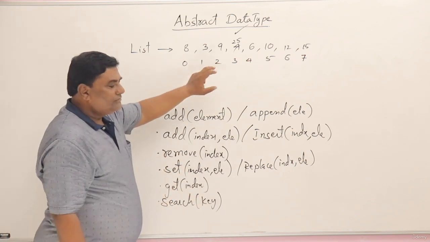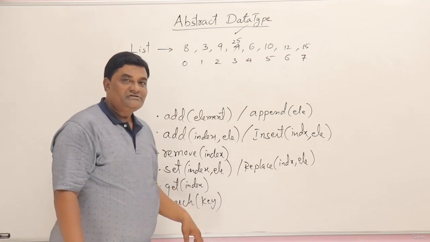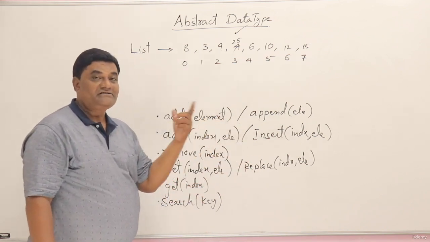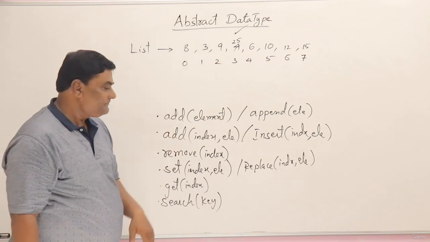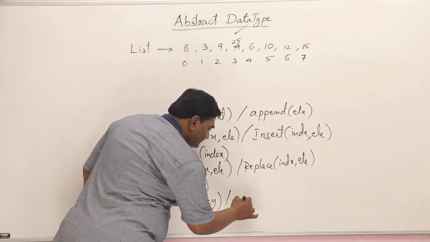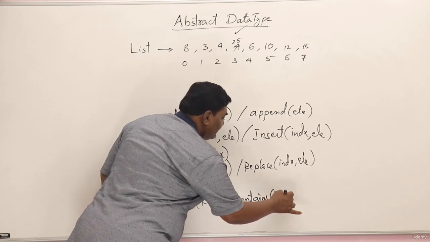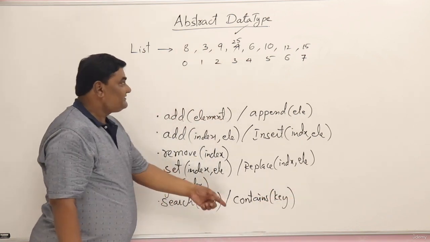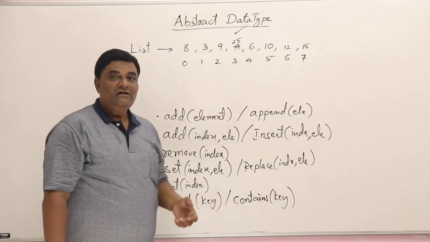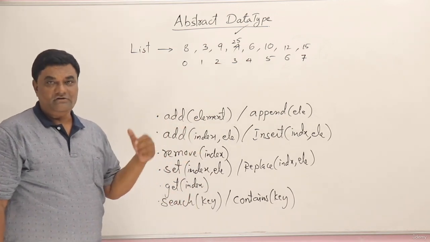So it's at index 2. So searching for an element to find its index if it is present in the list. The search is also called contains key. So we want to know whether this key element is there in the list or not, whether the list contains that element or not.